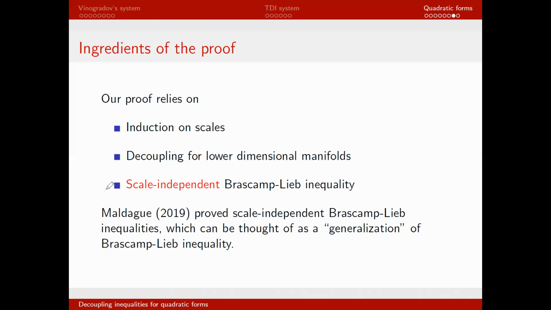And in decoupling theory, this scale-independent Brascamp-Lieb inequality can be thought of as a generalization of the Brascamp-Lieb inequality. So basically, we are looking at more general manifolds, and if we use the Brascamp-Lieb inequality, then we can't get a sharp decoupling.